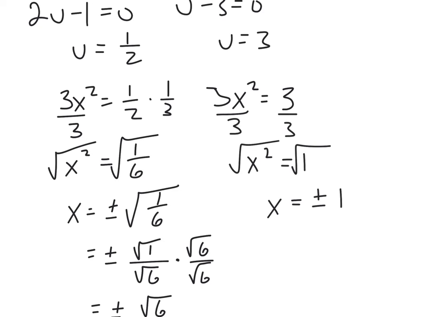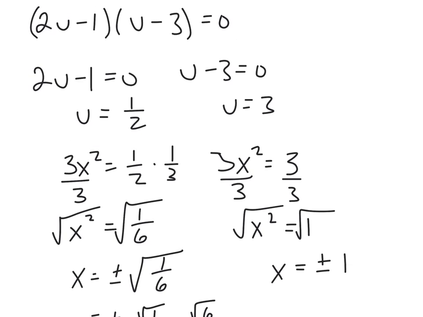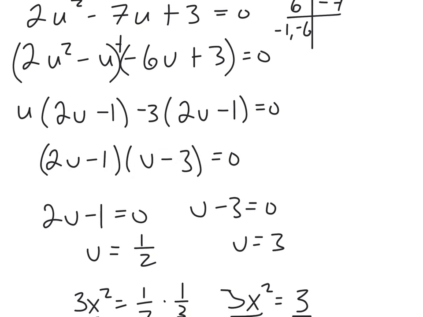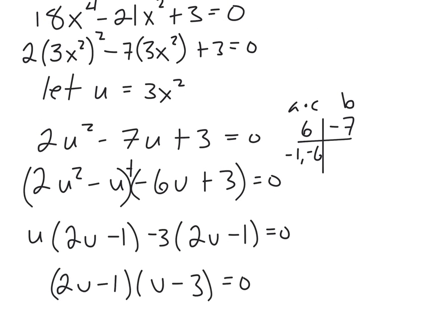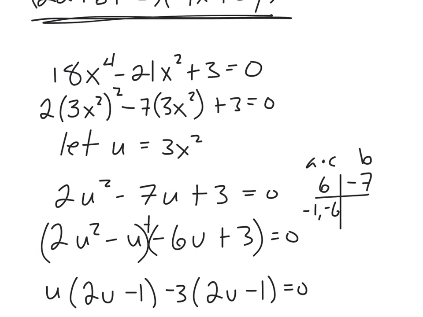It's a little weird. But the big things to keep in mind are, this is called substitution. This is putting it in a quadratic form, right? We find the GCF. That's the biggie. Find the GCF in the two terms that have the x, right? So the GCF between 18x to the fourth and 21x squared was my 3x squared.